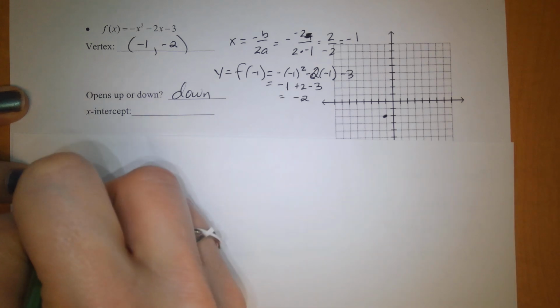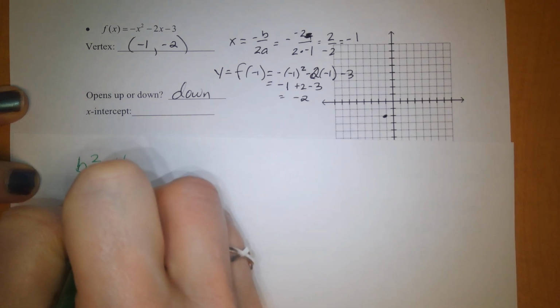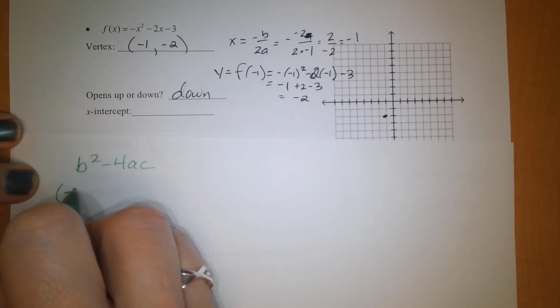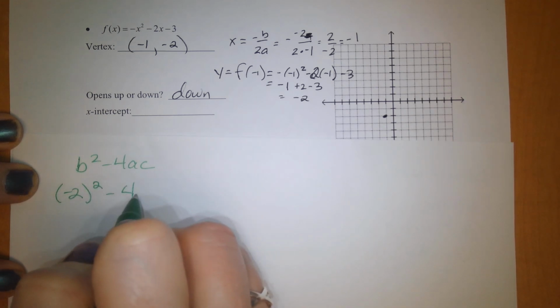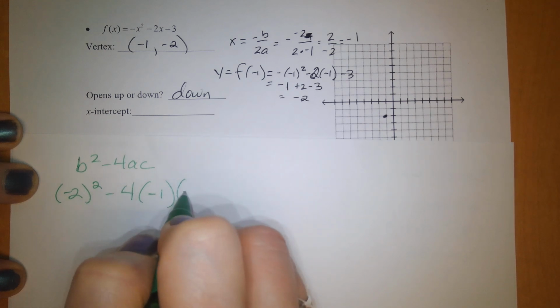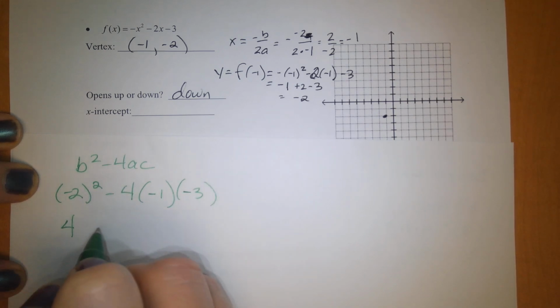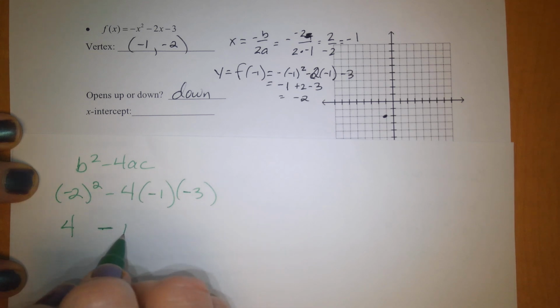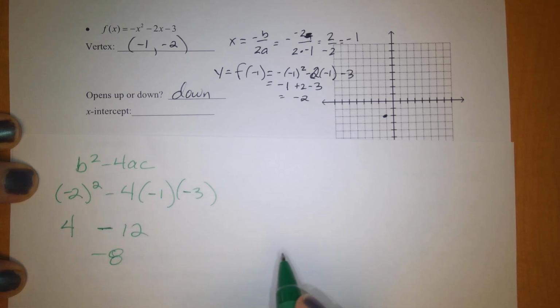So I'm going to go ahead and find the discriminant, b squared minus 4ac. So I'm going to do b, which is negative 2, squared, minus 4 times a times c. We have 4, and there are 3 negatives, so that means negative 12, which gives negative 8.